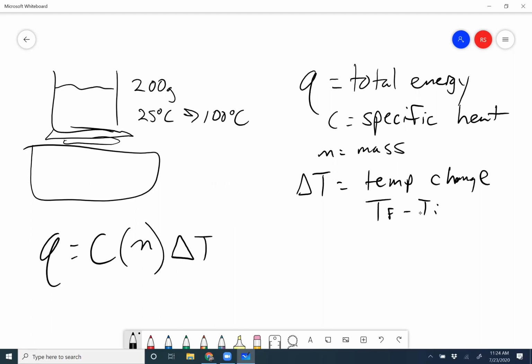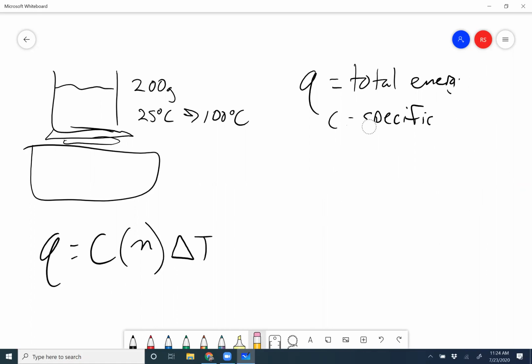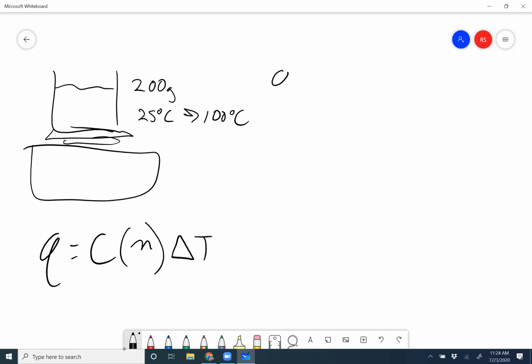So now let's go ahead and plug in our numbers here. We want to know the total amount of energy it's going to take this water. This is H2O. So we need the specific heat of water. Now, if you remember from what we just said, the specific heat of water is either 1 calorie per gram degree C if we wanted our answer in calories, or it's 4.18 joules if we want our answer in joules.